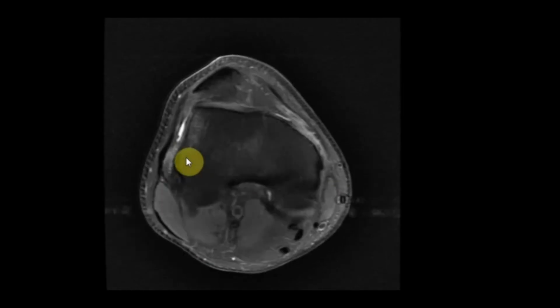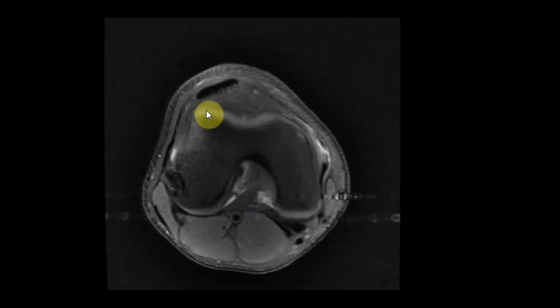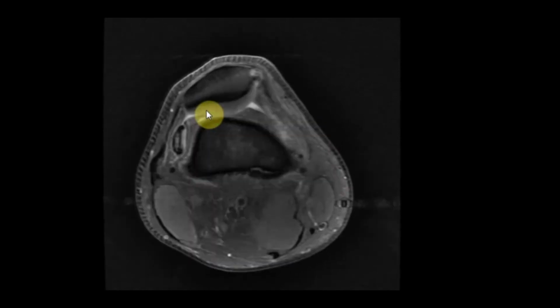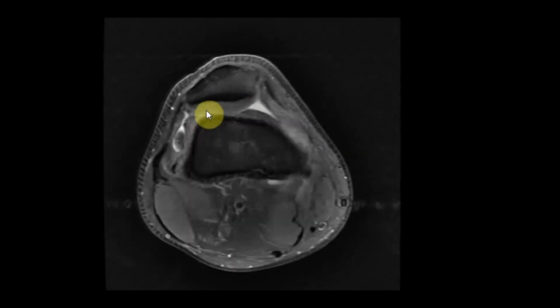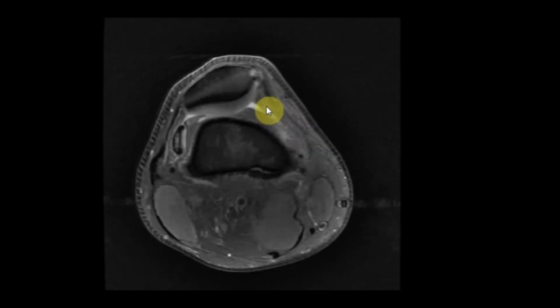As we move down, we can see that there is marrow edema involving the lateral femoral condyle. And we can also see that there is some amount of marrow edema involving the medial aspect of the patella. And there is edema at the patellar attachment of the medial patellofemoral ligament.